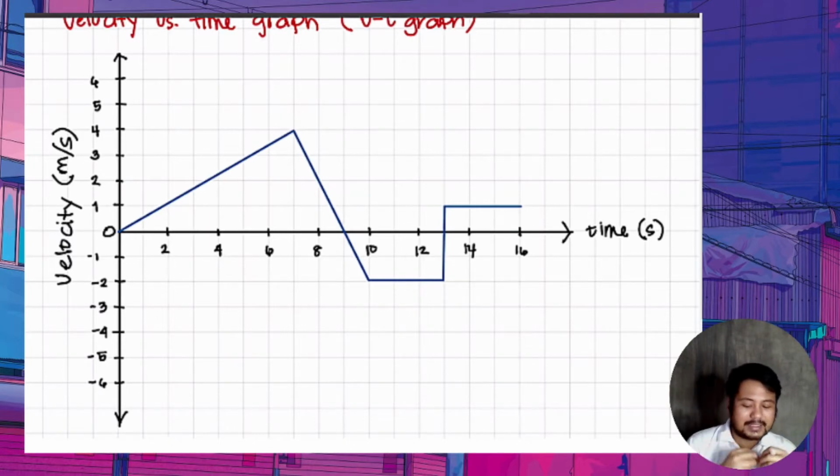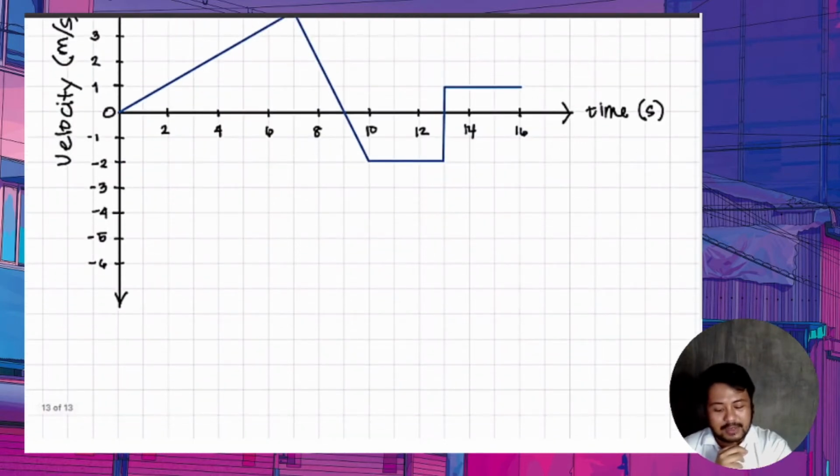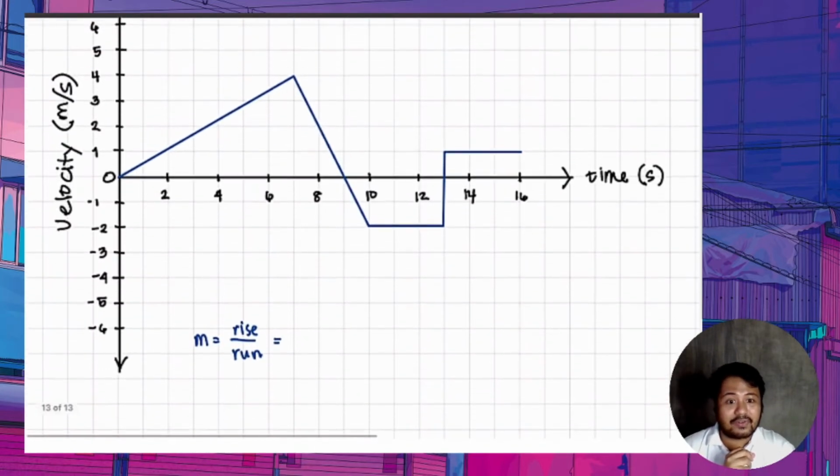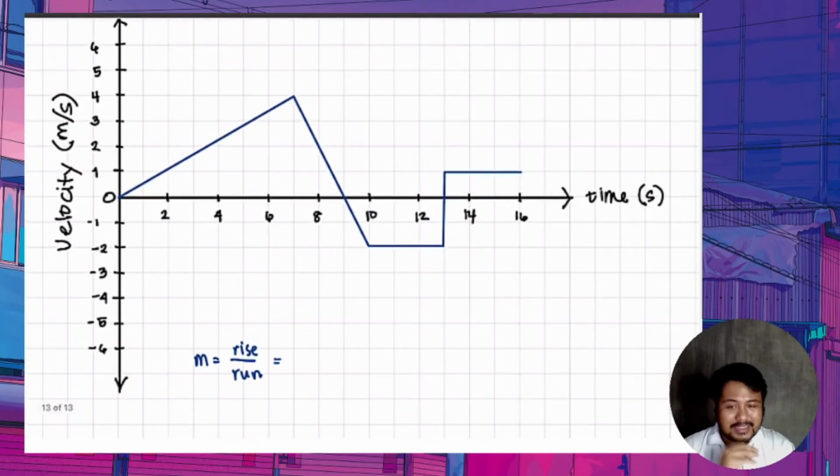Okay? So, let's have the idea of the slope again. The slope this time for a velocity versus time graph. Okay, slope. Pa-inspection tayo ha. So, slope is just equal to rise over run. Iba ang rise natin. Hindi ngayon ito x. It is in terms of velocity. So, there is that change in velocity that is just v2 minus v1 over t2 minus t1.